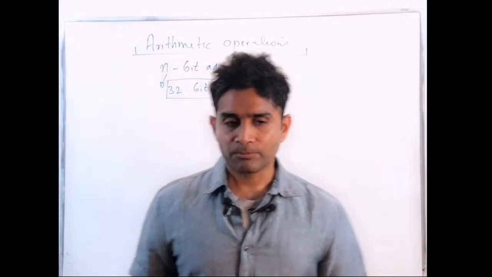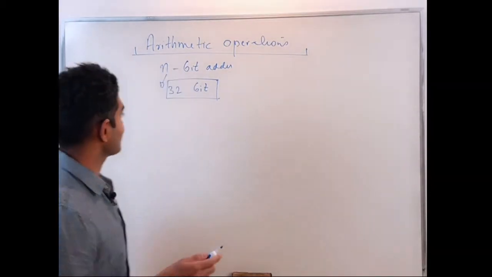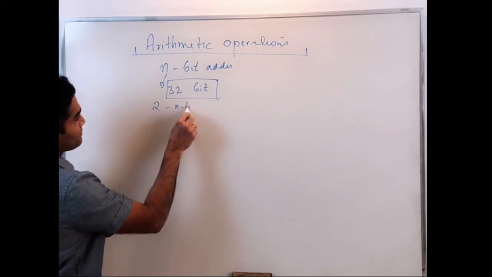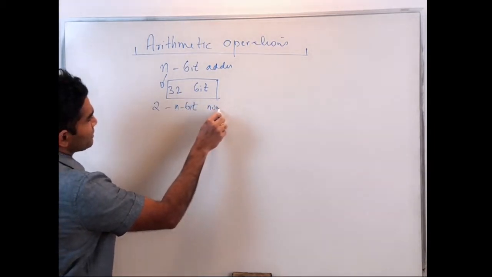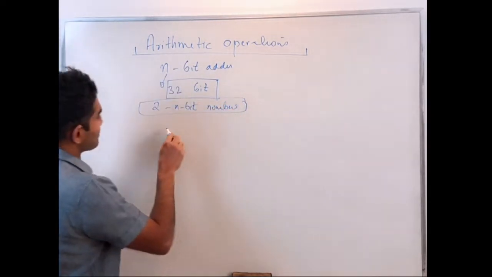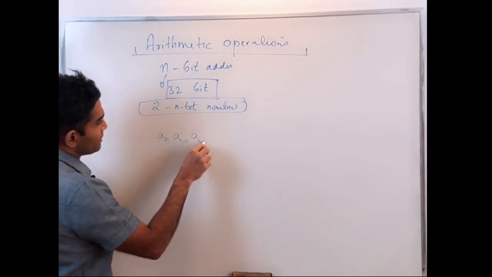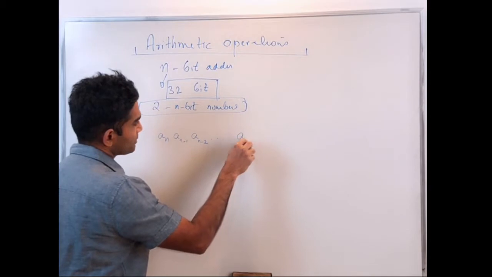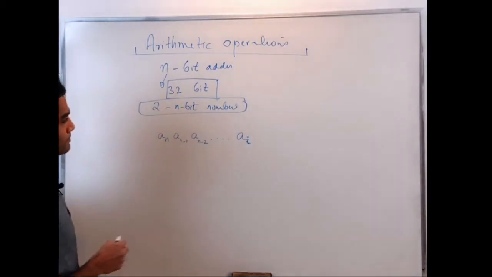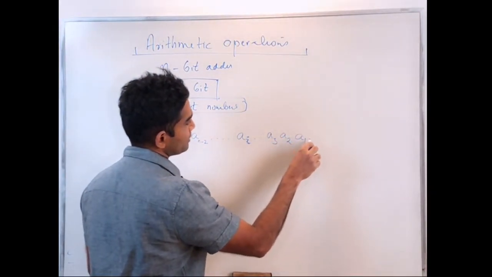Okay. So, in order to think about that, let's actually examine the addition operation itself. Let's say I'm trying to add 2 n-bit numbers together. Those 2 n-bit numbers are an minus 1, an minus 2, and so on. Let's say this is ai, some intermediate bit, and a3, a2, a1, a0.